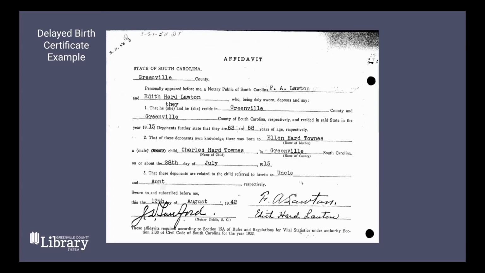So for this particular example, it looks like the aunt and uncle of the ancestor were the ones that gave this statement, that they had knowledge that Charles A. Hard Townes was born to Ellen Hard Townes in Greenville on that date. So that is their sworn statement that this birth did take place on this date, and these were the parents, and that information is true.